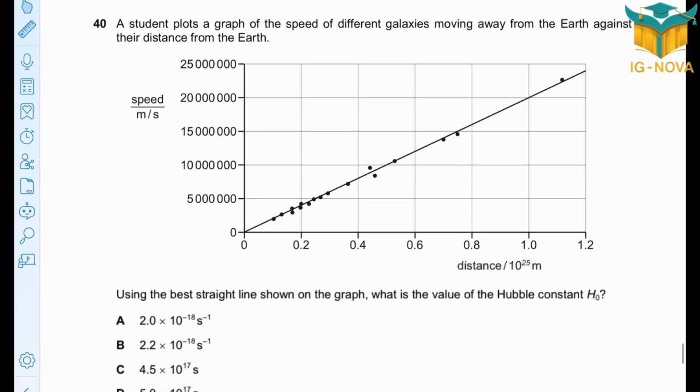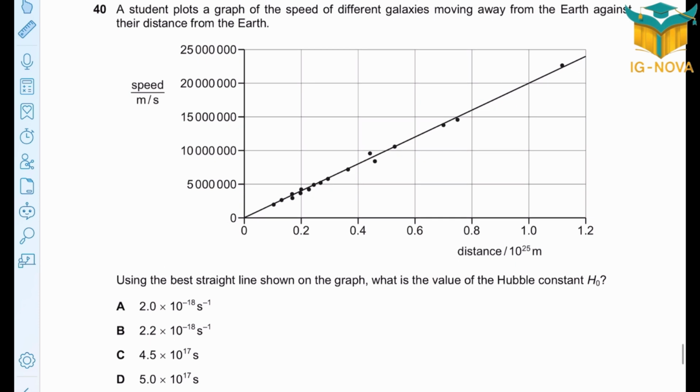Easy. Question 40. A student plots a graph of the speed of different galaxies moving away from Earth against their distance from the Earth. Here, this graph for speed and distance. Using the best straight line shown on the graph, what is the value of the Hubble constant H naught?